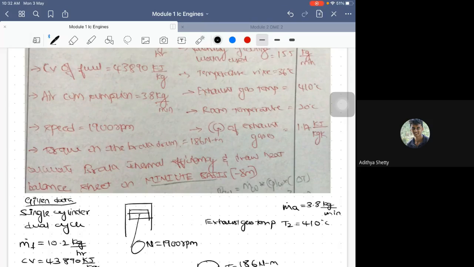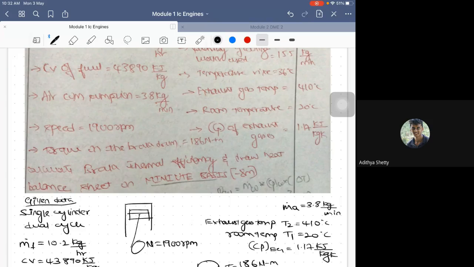So that is what he's talking about. Next, room temperature he has given. Room temperature, I would be taking it as T1, which is 20 degrees Celsius. And CP of the exhaust gas he has given. How much is the value? It is 1.17 kilojoules per kg Kelvin.